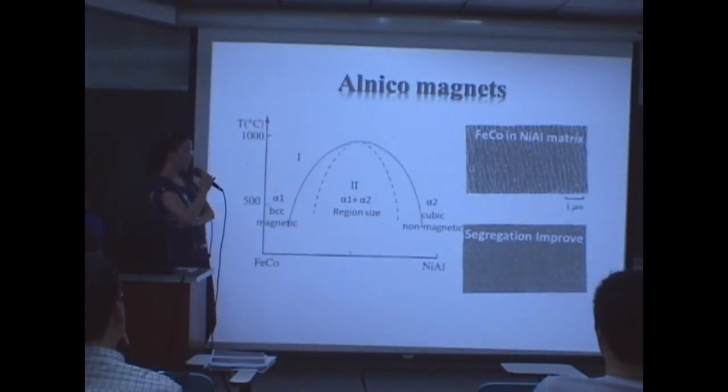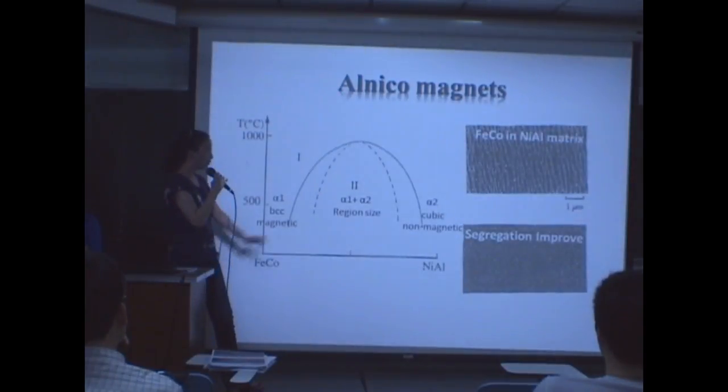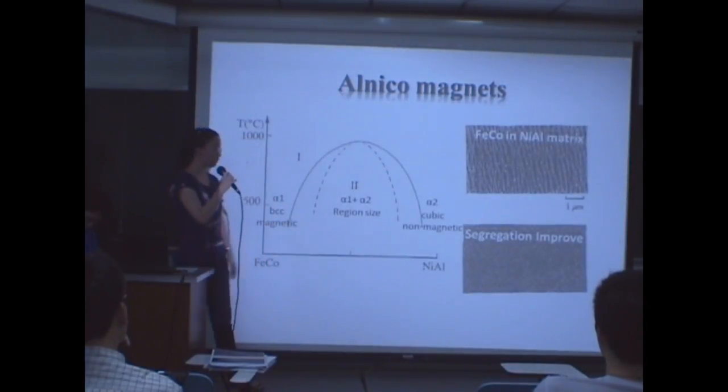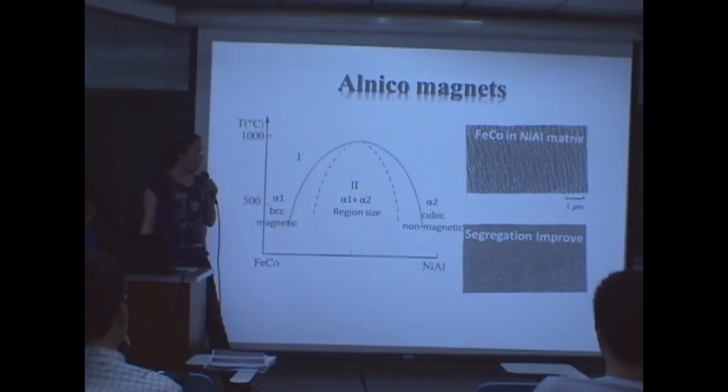And one of the most important parts is in the middle of the phase diagram, where alpha-1 and alpha-2 coexist. The size of the region is determined by appropriate heat treatment.